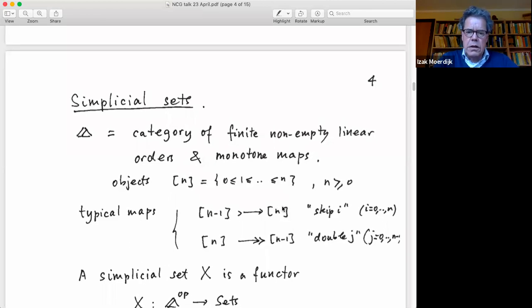And there are maps that one can focus attention on, namely the map from n-1 to n, which is an injection which misses i from its image. You can do that for i from 0 up to n. And the map from n to n-1, which is a surjection, and it has j twice in its image. You can do that for j from 0 up to n-1.